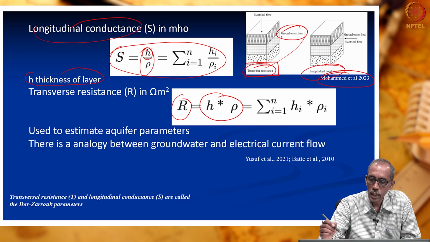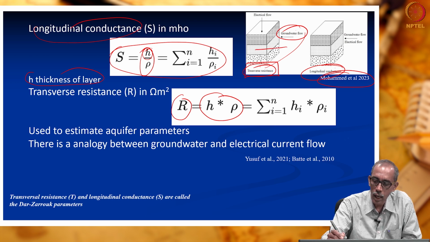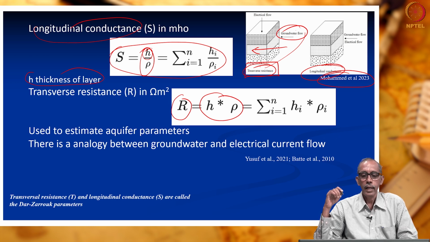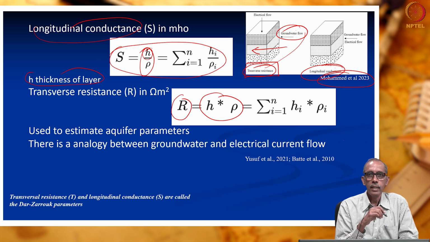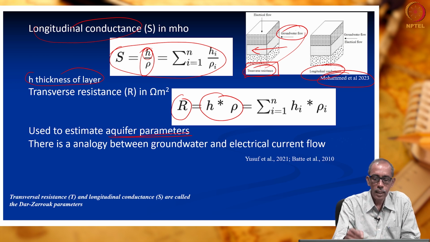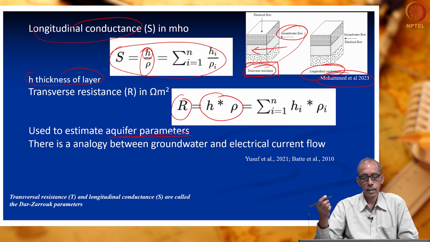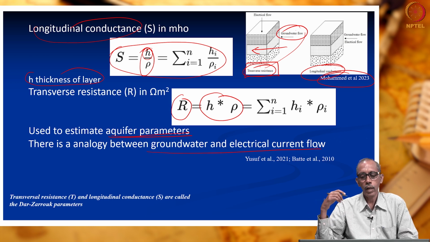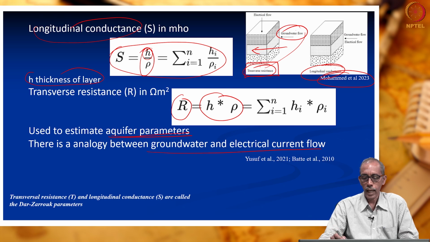Because as you see in this diagram, transverse resistance is related to how groundwater is flowing in the formation. Hence, using the electrical resistivity survey, we can estimate some critical aquifer parameters, because there is a similarity between groundwater flow and the current flow as brought out by these researchers.